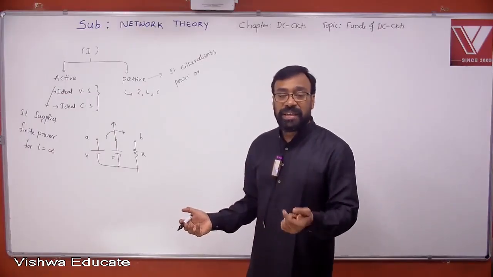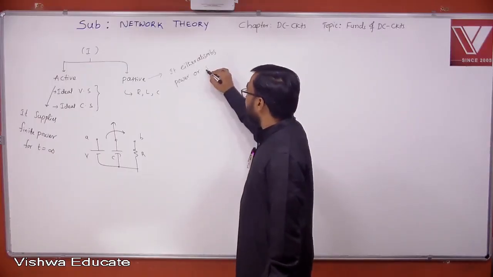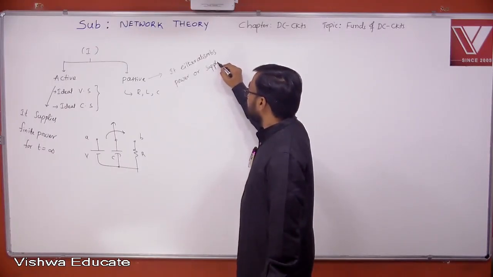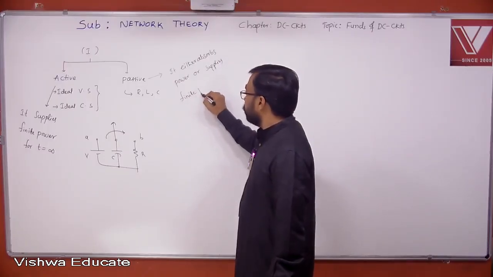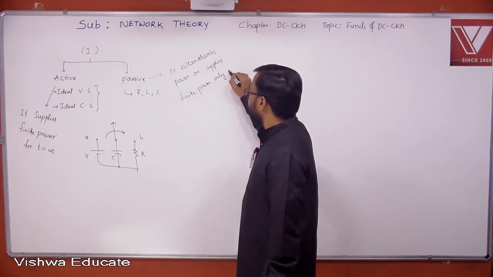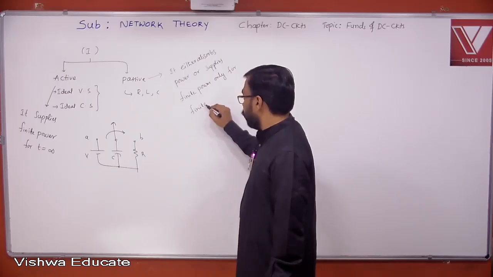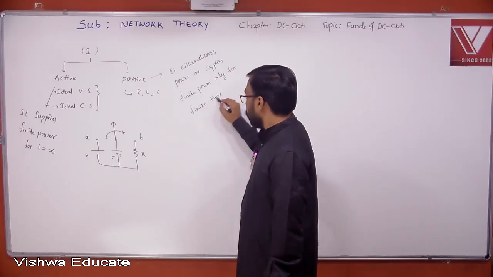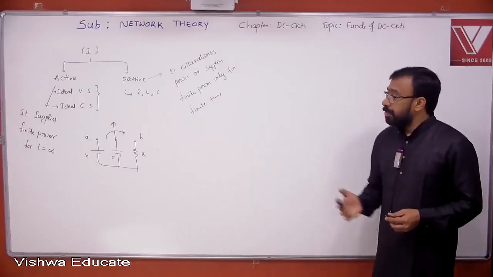If you have a charged inductor, it is also supplying the power. Therefore, it either absorbs power or supplies finite power only for finite time. Please note down all of you. Okay, I think all of you got a clear idea. Please note down quickly.